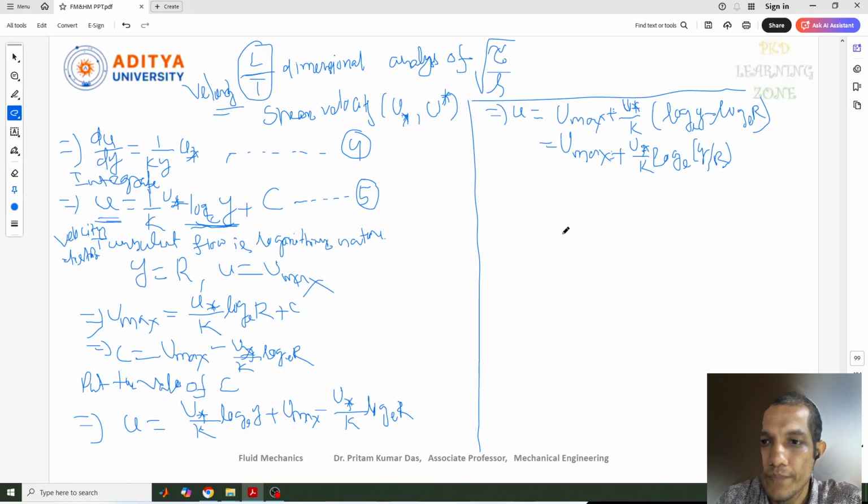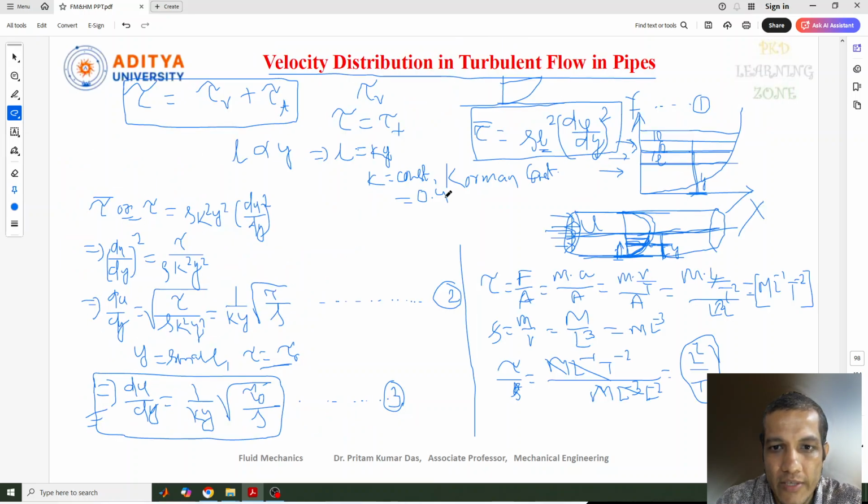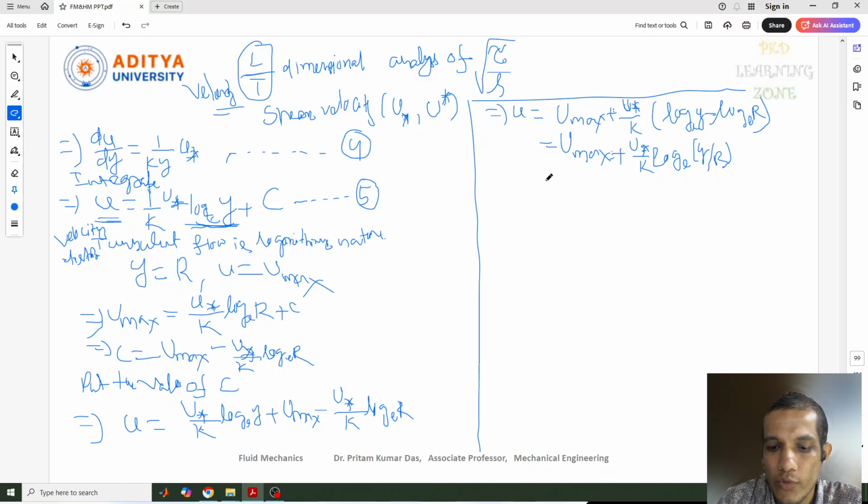Now what we'll do, we'll just change this equation in terms of some numerical values. K value I already told you previously, the constant, Karman constant, and the value of this is 0.4. So I'll put the value of 0.4 here, and next is this log E Y by R, let it keep it like that.